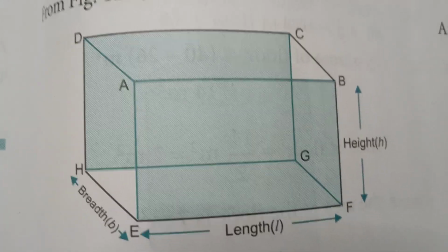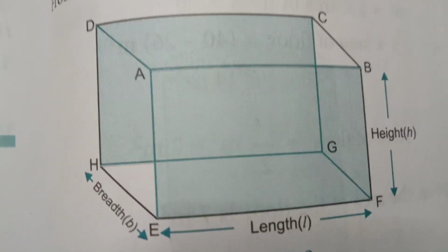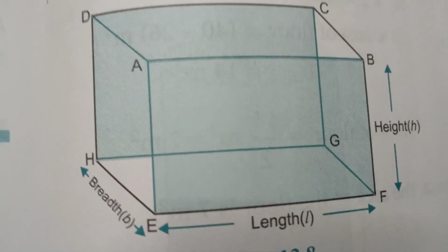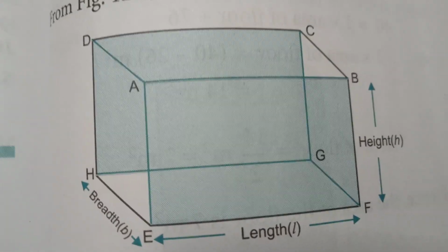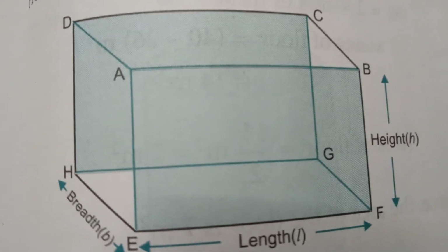This is the cuboidal shape. All six faces, length, breadth and height are given. Six faces are appearing, so the area of six faces is nothing but the total surface area.